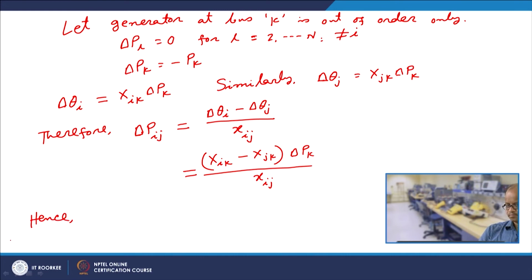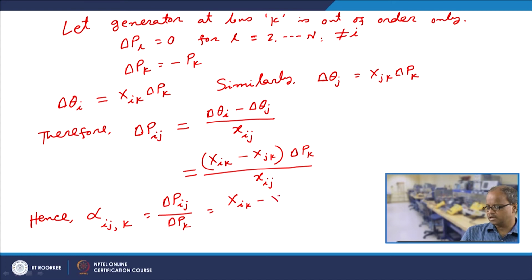Hence, alpha I j k. What is alpha I j k? GOSF, that is the change in flow. So, this is equal to delta P ij by delta P k, which would be equal to X I k minus X j k by small x ij.